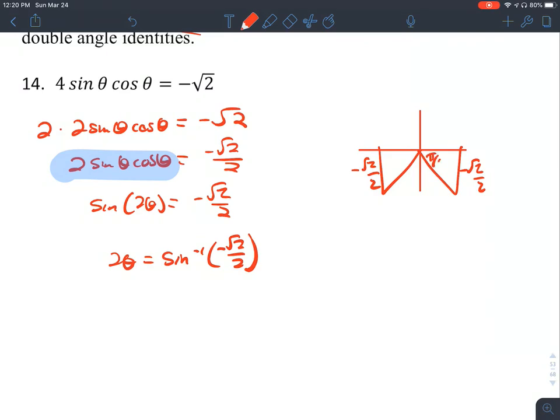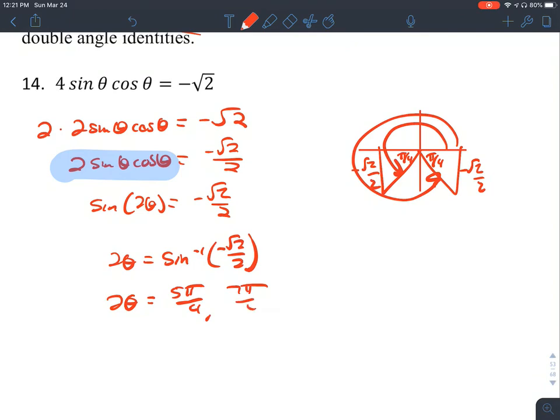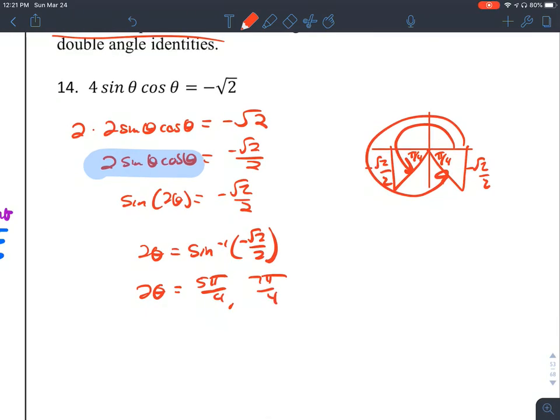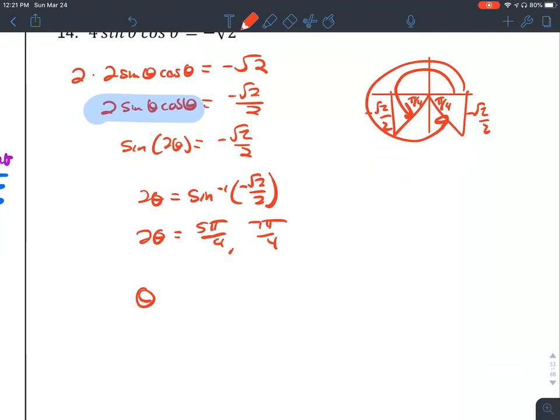My reference angle for this is pi over 4, and this as well. That makes this angle in standard position 2 theta, that is, 5 pi over 4. And it makes this angle 1 pi over 4 short of 8 pi over 4, which is 7 pi over 4. To get theta by itself, I need to cut those in half.